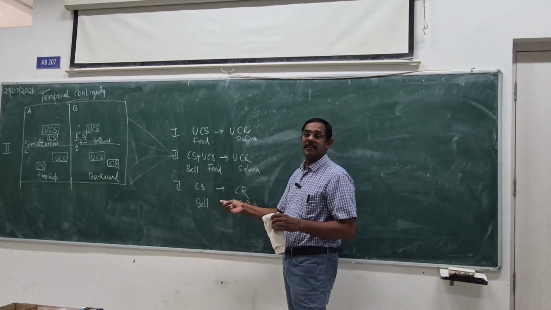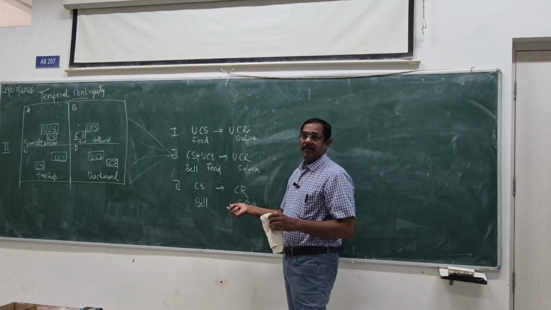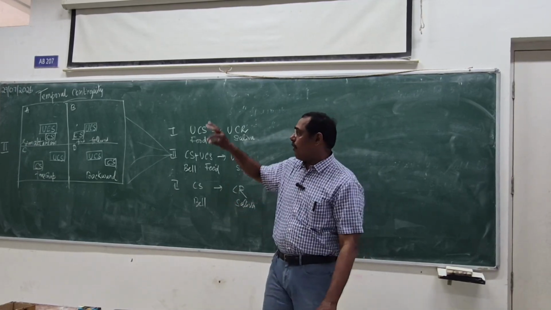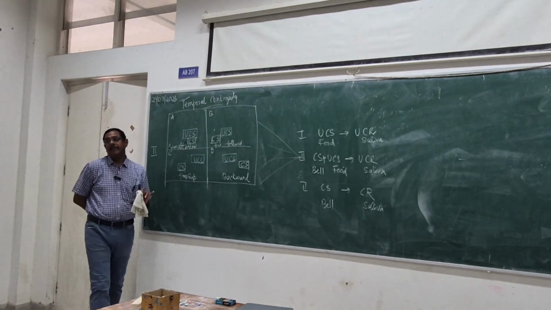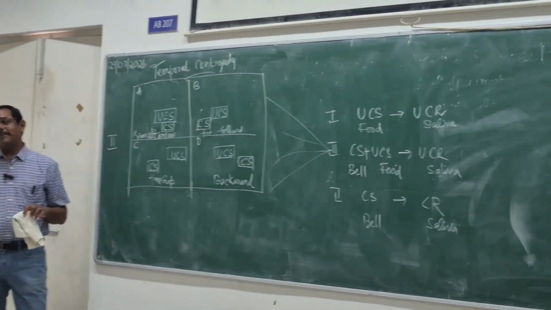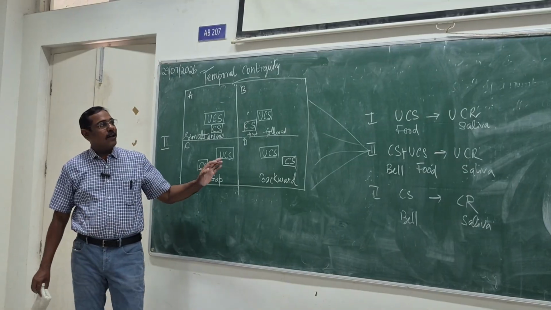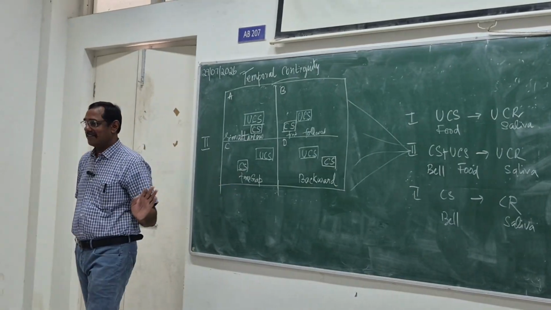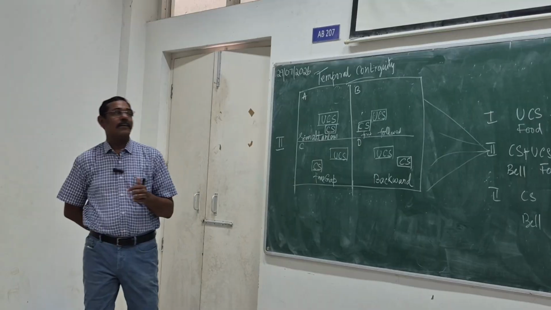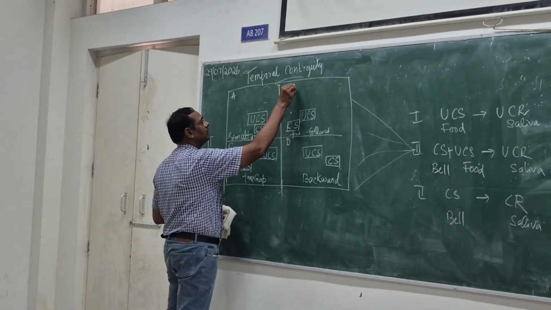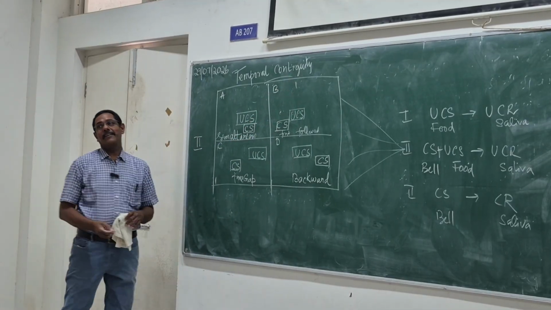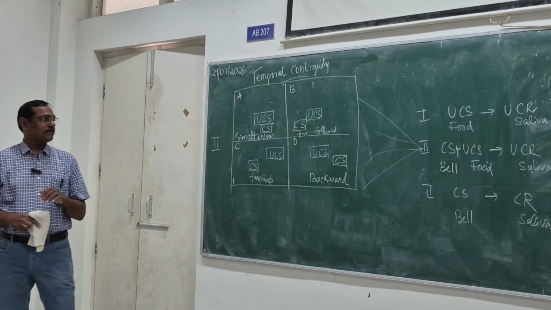That is the conditioned stimulus and conditioned response. So out of all these, one answer is C. Any other answer? B. So we have one answer for C, one for B. No A, no D.